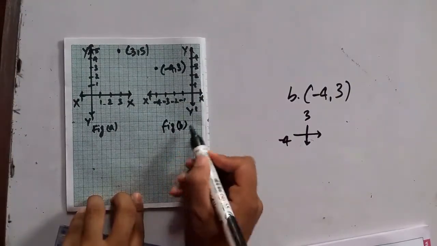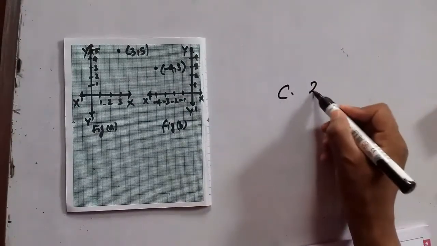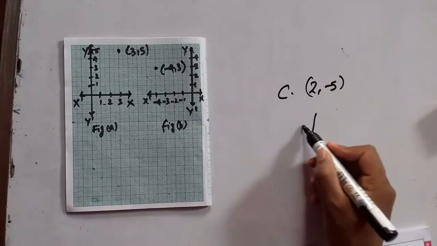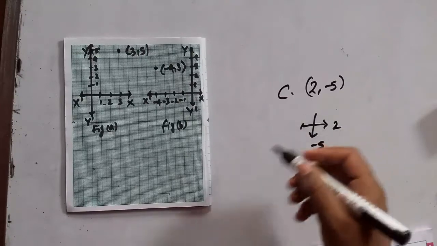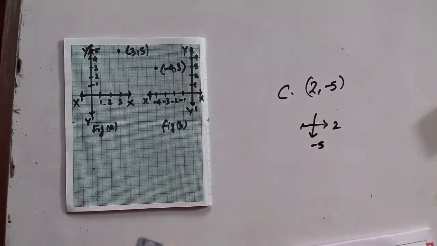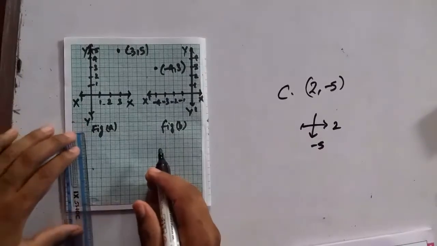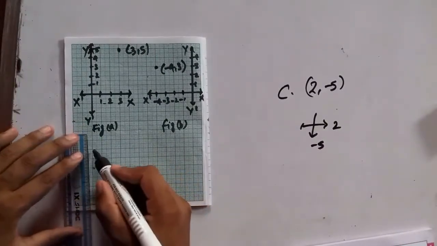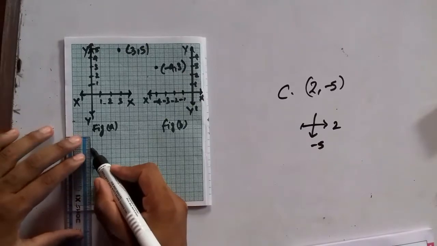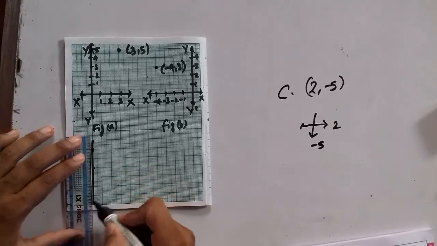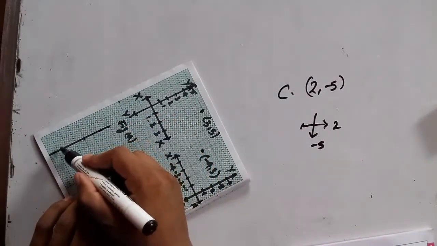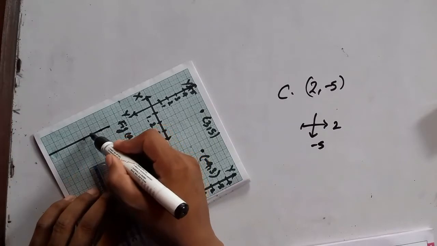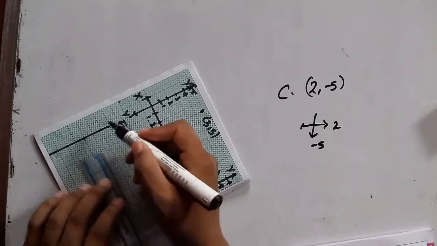Now for C we have (2, -5). So this is towards x 2 and below -5. We don't need these two sides, so we can do like this. This side we don't need too much. 1, 2, 3, 4, 5, and 1, 2, 3, 4, 5, 6, 7.